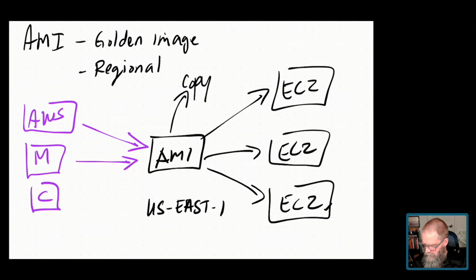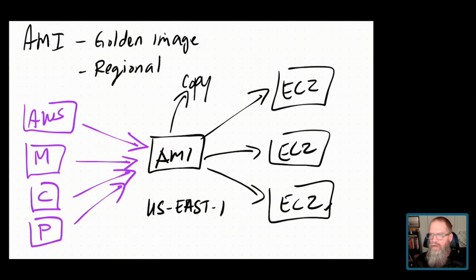Your next option is the community. Okay? You could create your own AMI and make it available to other users in AWS. Okay, so that's another option. And then finally, we'll just call it P for private.